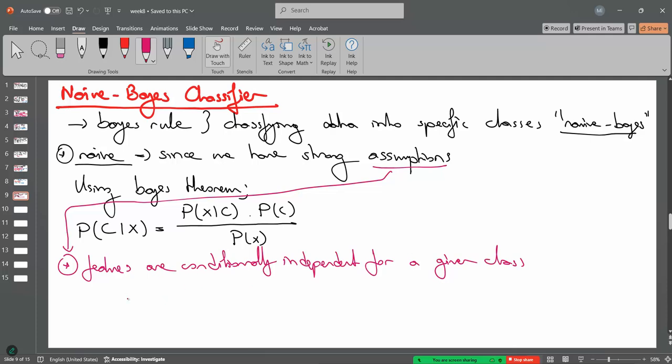And also, we should assume the prior probabilities of C1 and C2 are known.